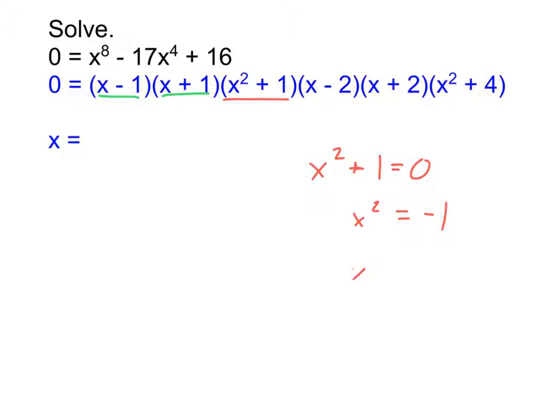Then we take the square root of both sides, which gives me the plus or minus, remember this plus or minus when you take the square root, of negative 1. What's the square root of negative 1 equal again? Yeah, it's i, which stands, of course, for imaginary. It's an imaginary number.